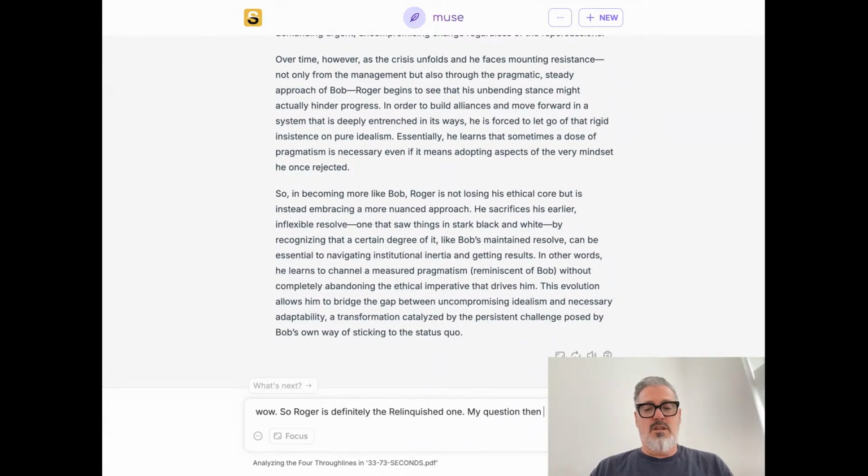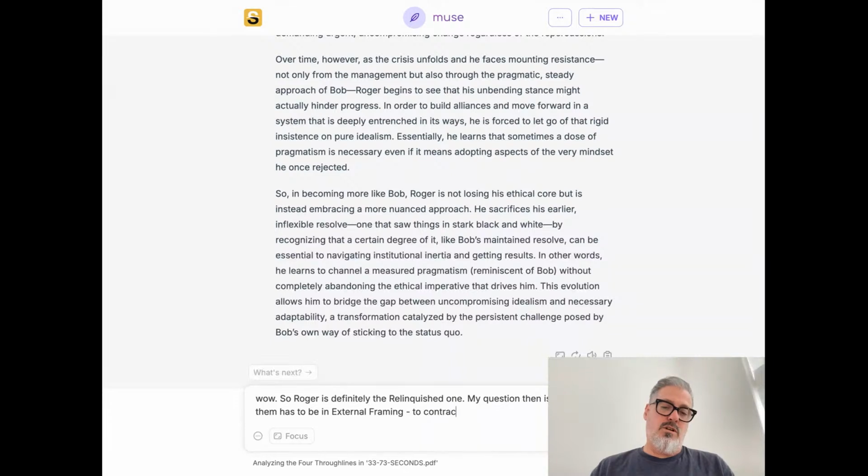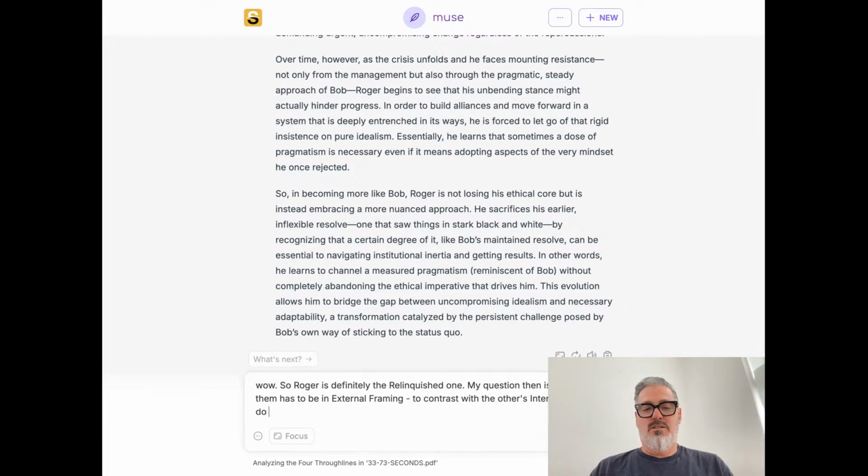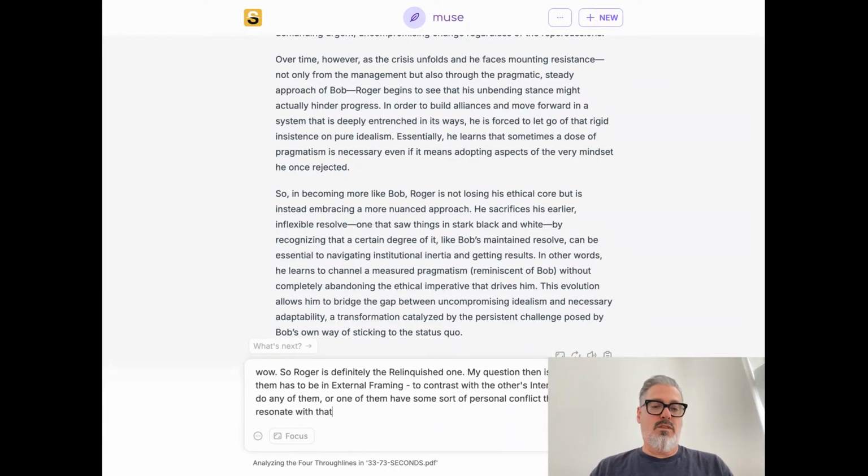My question then is one of them has to be in external framing to contrast with the others. Internal framing. Do any of them or one of them have some sort of personal conflict that would resonate with that form?